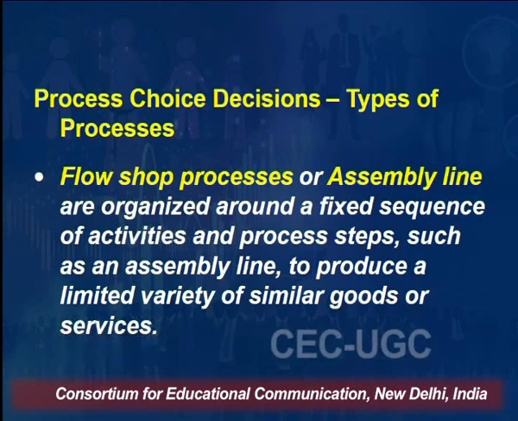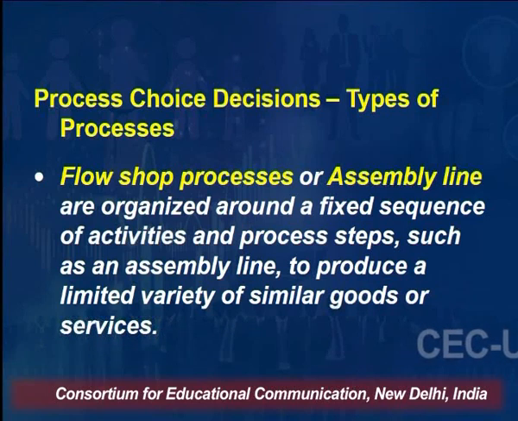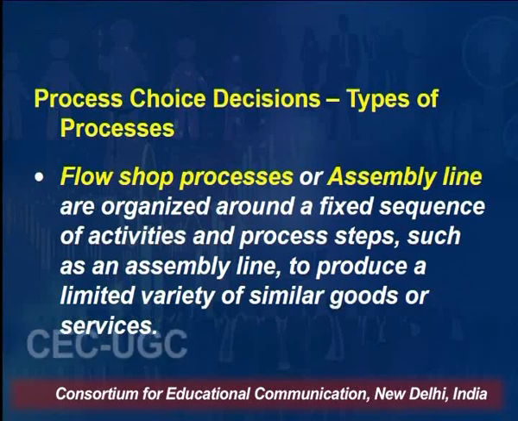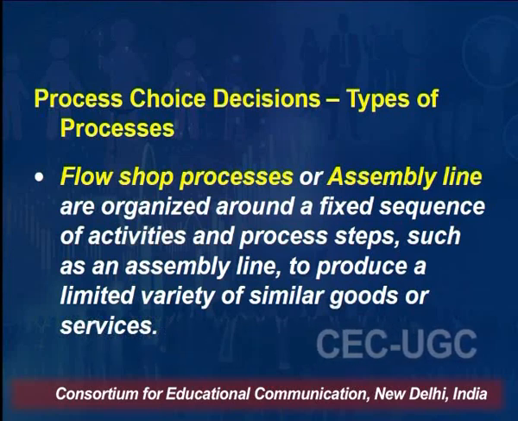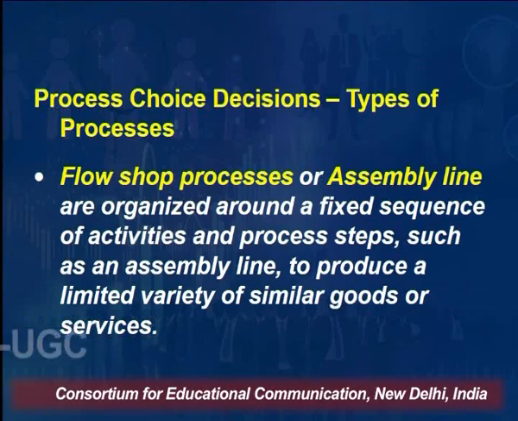These are organized around a fixed sequence of activities and process steps, such as an assembly line, to produce a limited variety of similar products or similar goods or services.